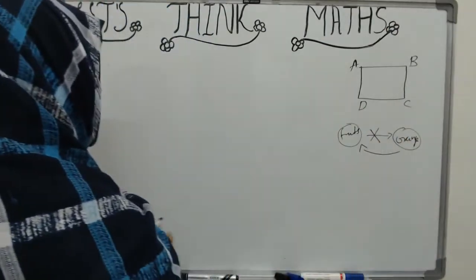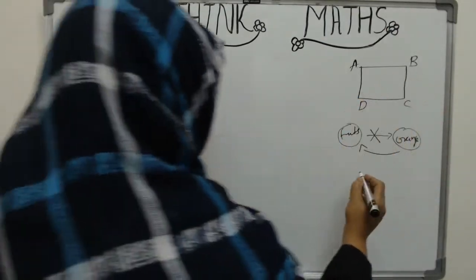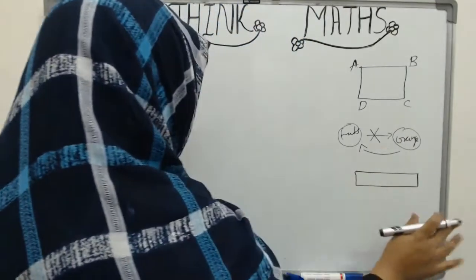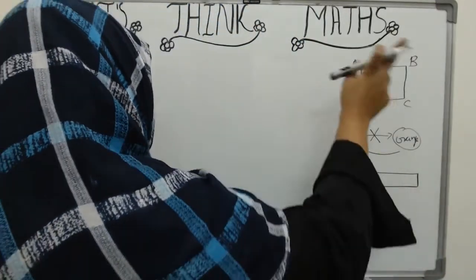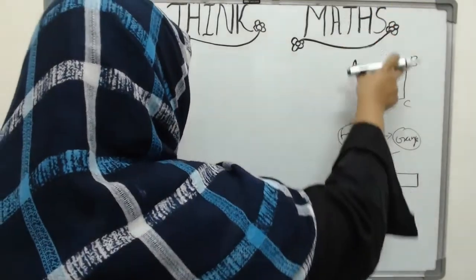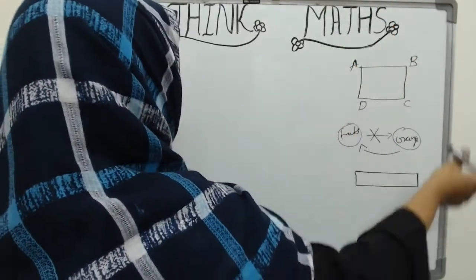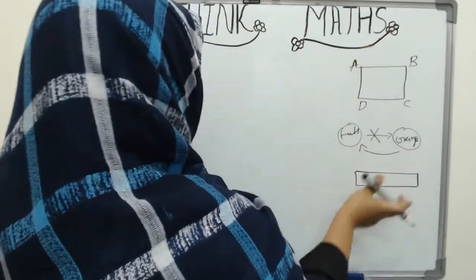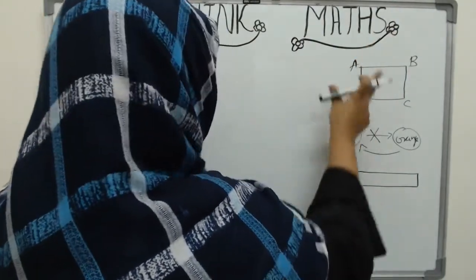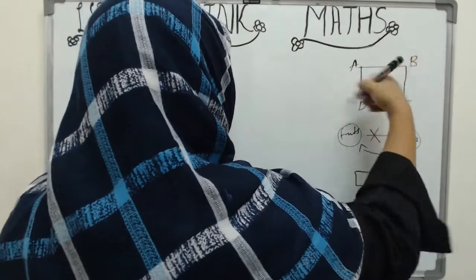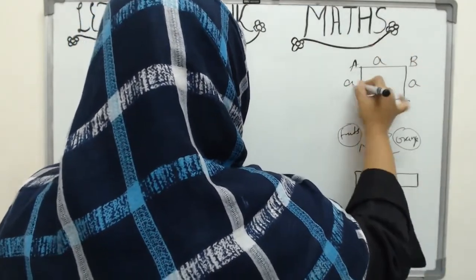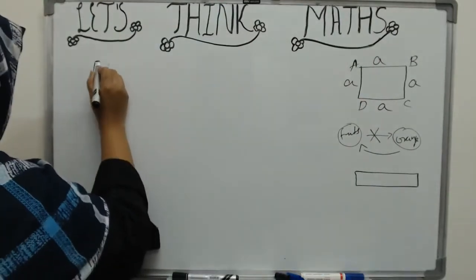Just like that, rectangle is very general. Just the opposite sides have to be equal, that is fine, but it has to satisfy one extra condition, that all sides have to be equal, only then it will become a square. So all squares are rectangles, but not all rectangles are squares. So if all the sides are equal, suppose all the sides are A, then what will be its perimeter?